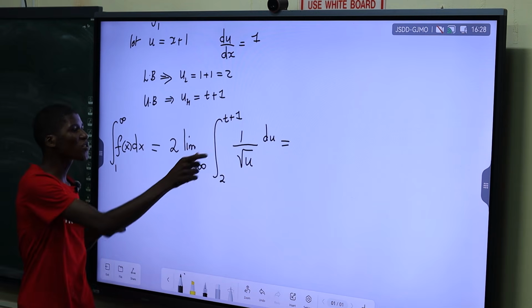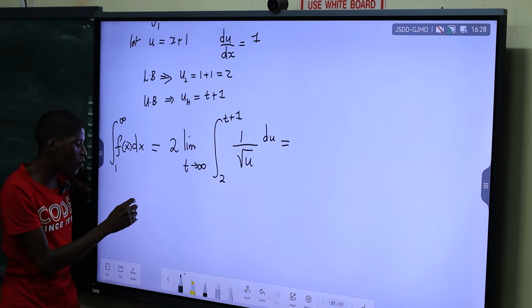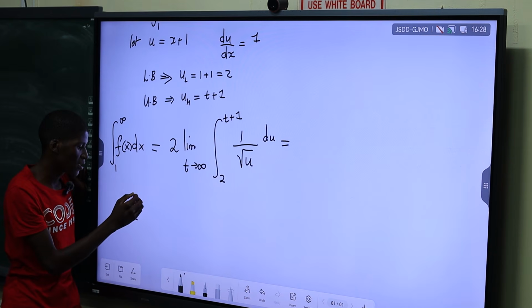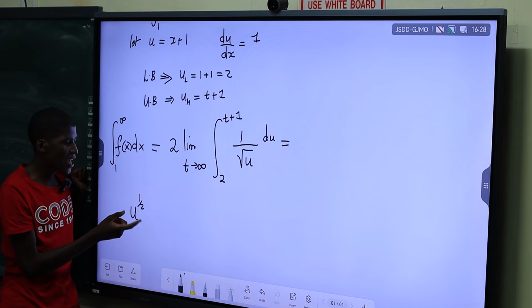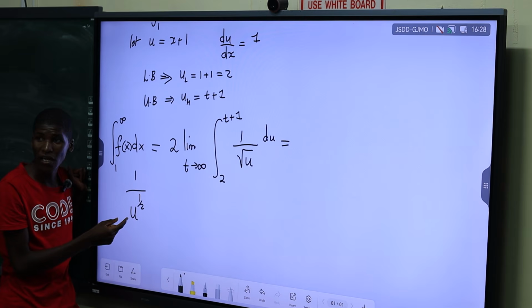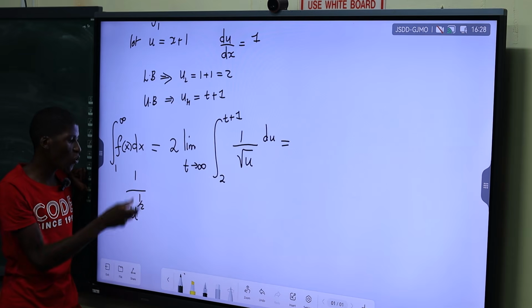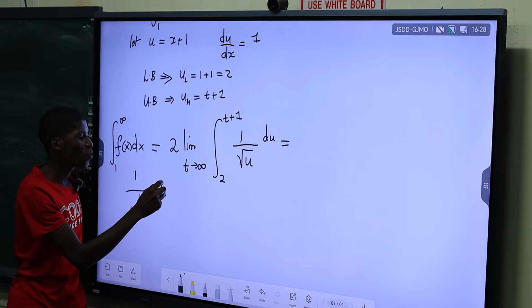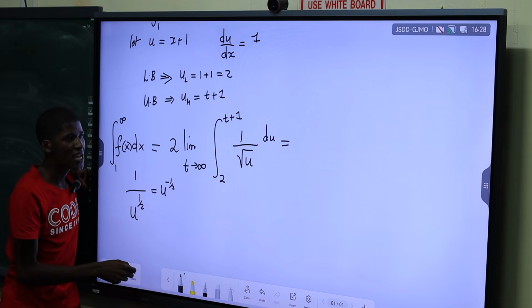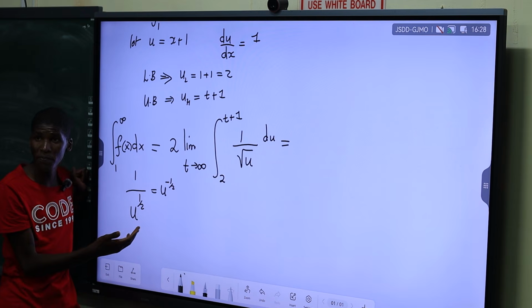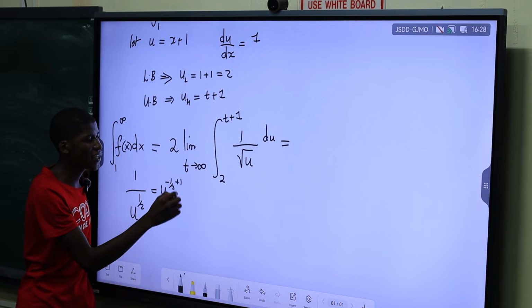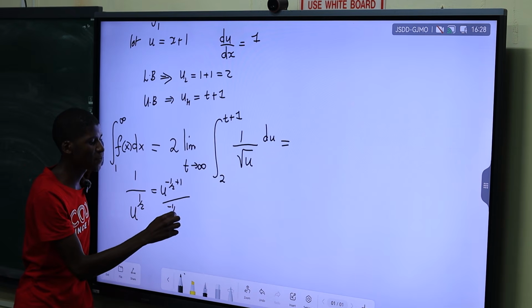The square root of u is like saying u to the power of 1 over 2, right? And it's in the denominator, so when you bring it up, it's u to the power of minus 1 over 2. To integrate that, you just apply the power rule. You add 1 to the exponent and divide by the new exponent.